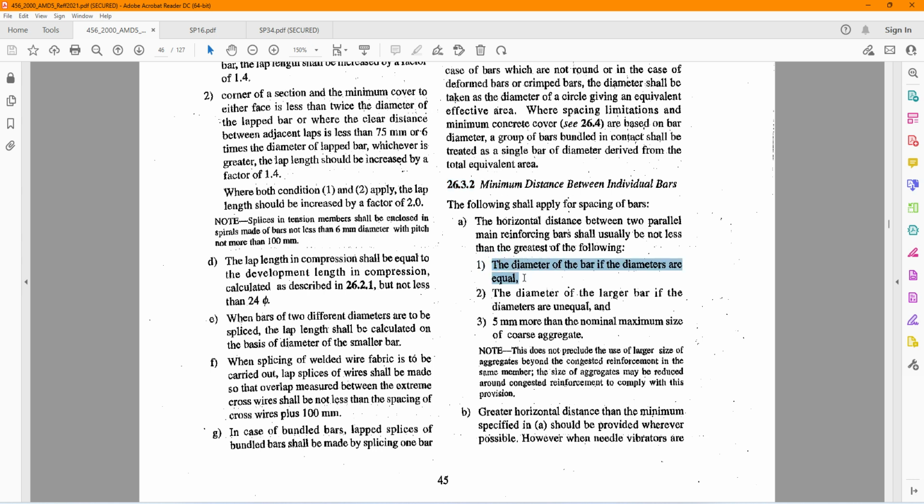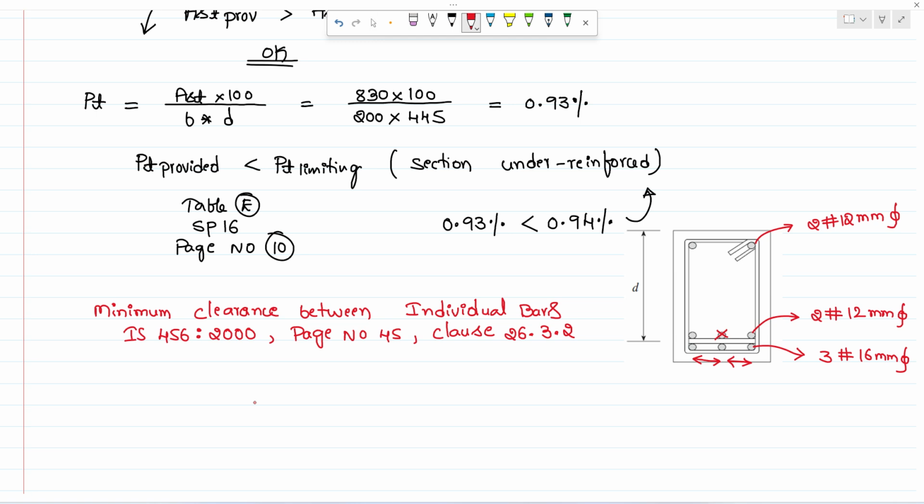So first case is the diameter of the bar if the diameters are equal. So first condition it is diameter of the bar. So first layer is 16 mm, second layer is 12 mm.